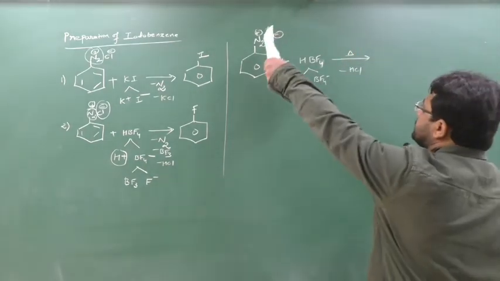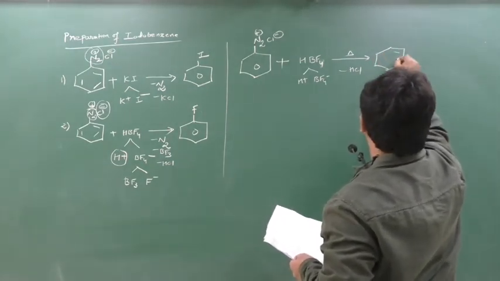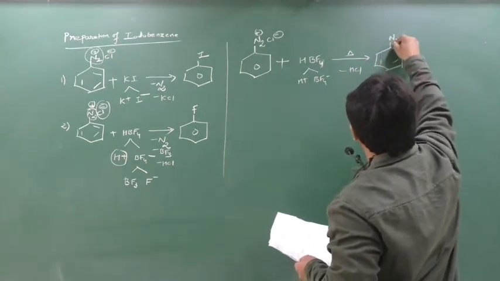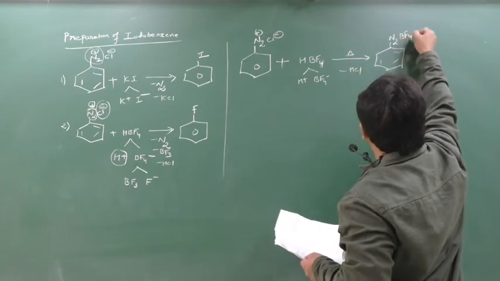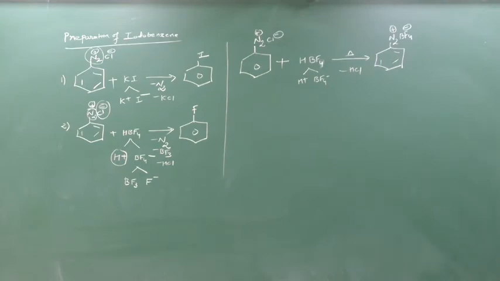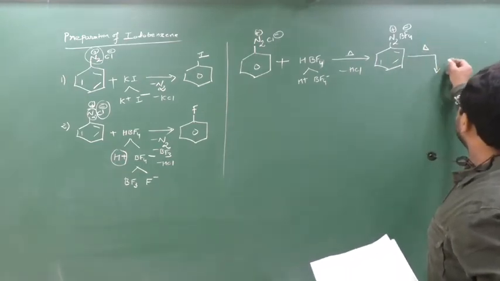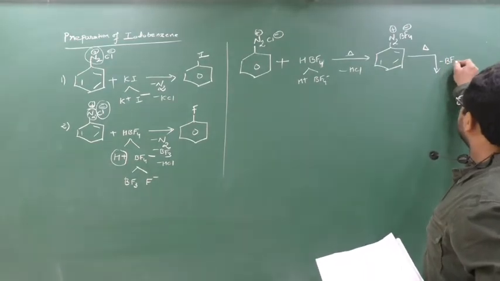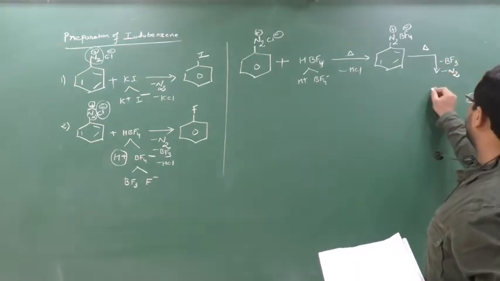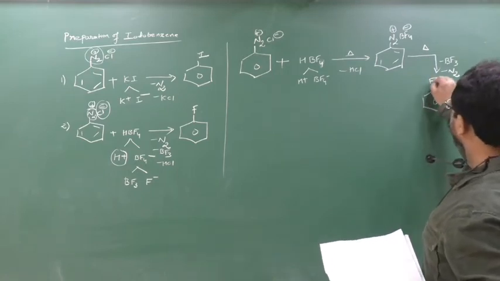So Cl minus will be removed, N2 plus will be there. So you will get here N2 plus BF4 minus. Clear this part? Now when you heat this, you will get BF3, nitrogen supported by entropy will be removed and you can add on fluorobenzene. Clear?